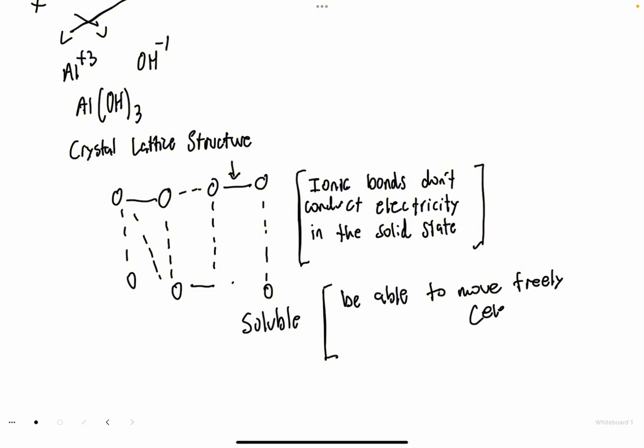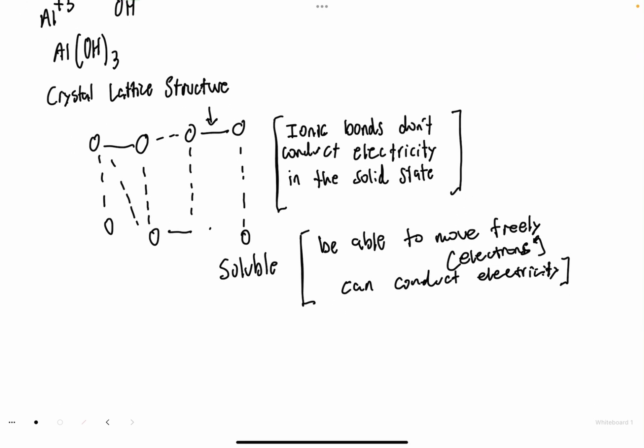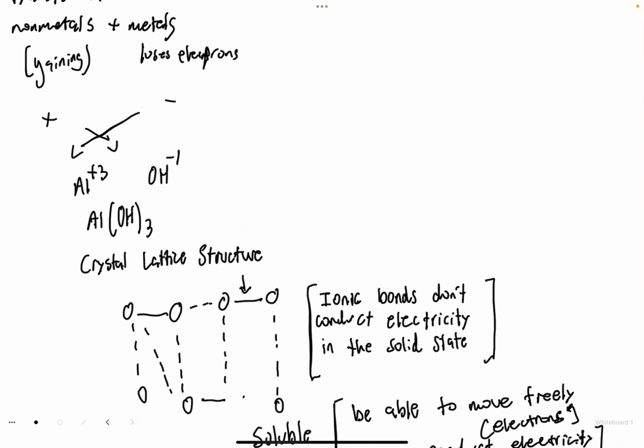Well, these electrons are able to move freely. So that means that it can conduct electricity. So telltale signs that it's ionic: a relatively high boiling point, and it can conduct electricity in the aqueous or soluble form, but it can't conduct electricity in the solid form.